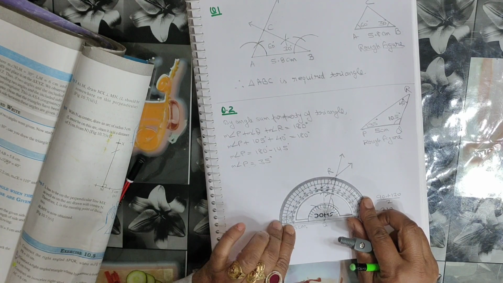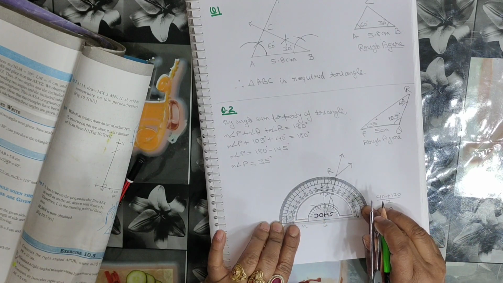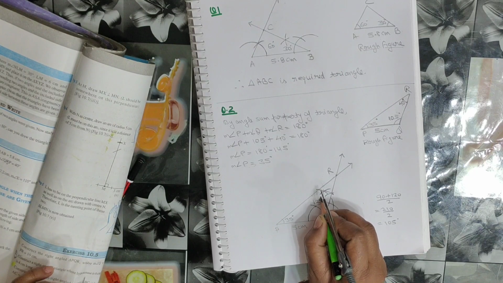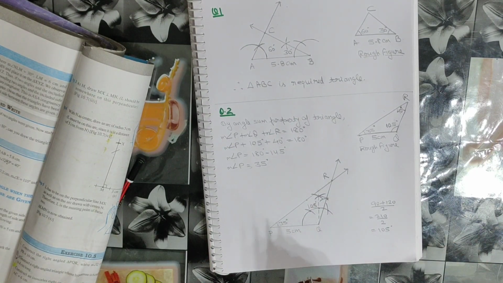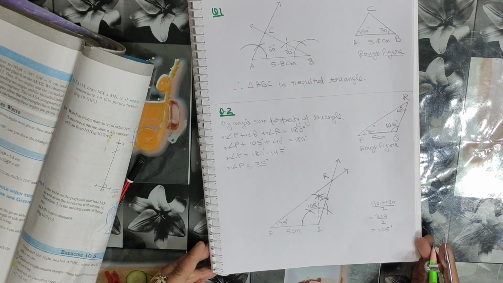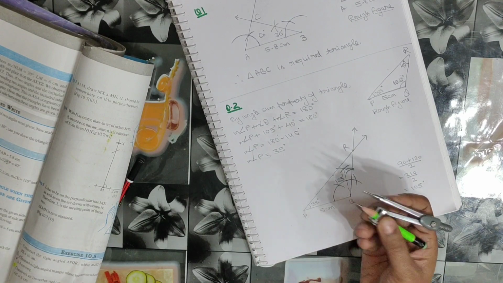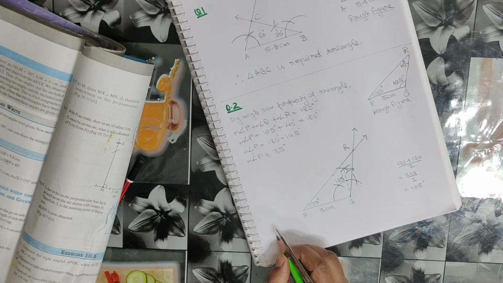Now I am keeping the protractor at Q and it is coming exactly 105 degree. So I will write 105 degree here. You can't draw this angle with the help of a set square, but 105 we can construct. So it is compulsory in the exam to construct an angle of 105 degree. R is not required. If we calculate, R will automatically come as 40 degree.